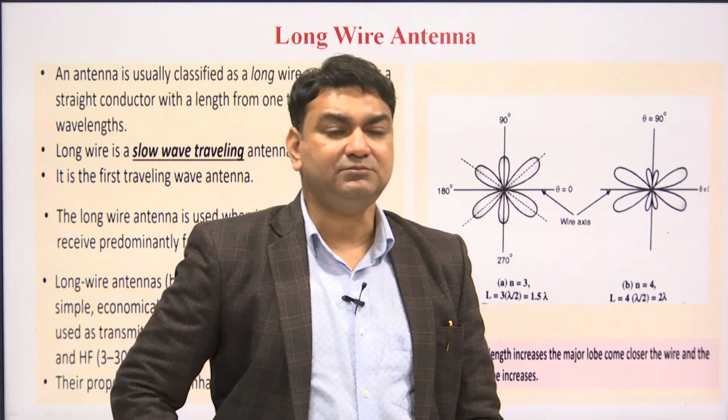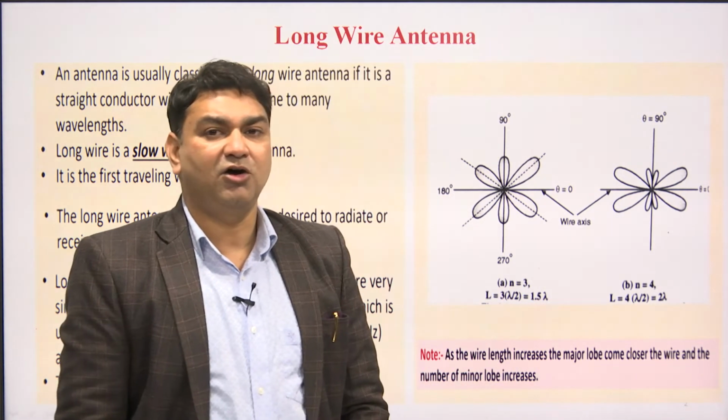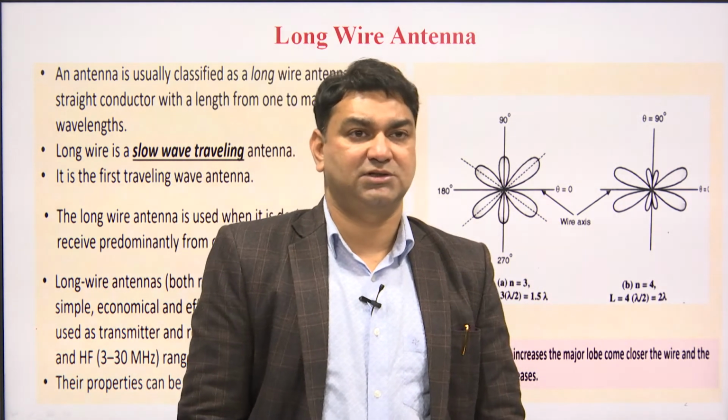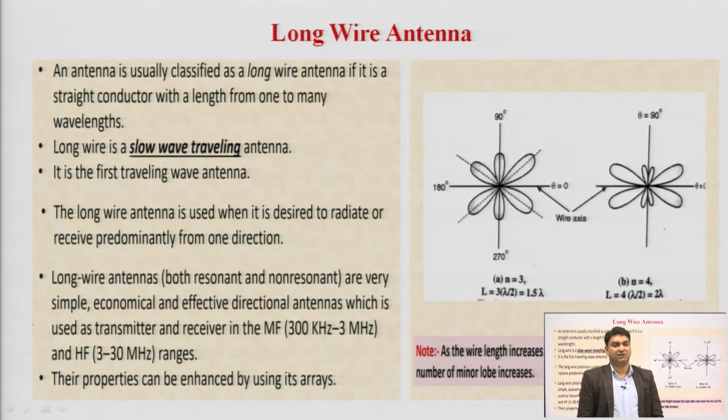So, starting my lecture with the first slide, how these long wire antennas are introduced and what are the different definitions of these long wire antenna. The diagram given in this slide is basically the combination of different patterns, the combination of different lobes. Basically, these long wires are the representation of the antennas.